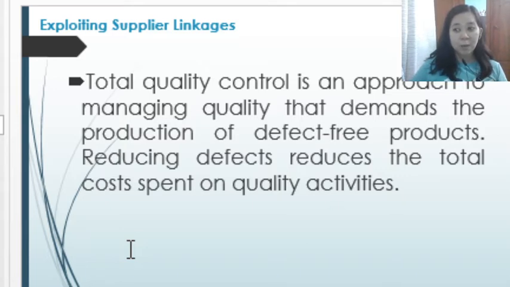This is also for the benefit of the entity to reduce their cost of production, and the cost also on the part of their customer, or to increase the value when the customer purchases and uses the goods. So reducing the defects will also, as mentioned, reduce the total cost spent for the quality activities.